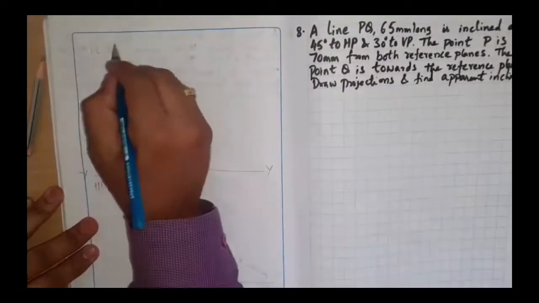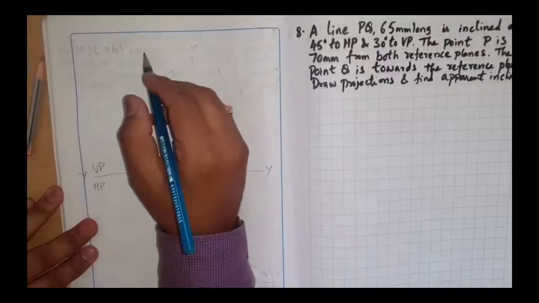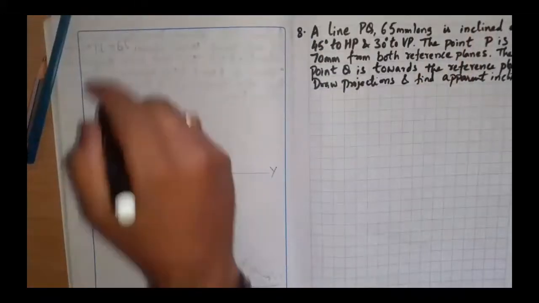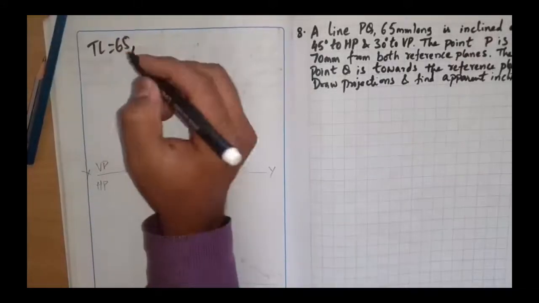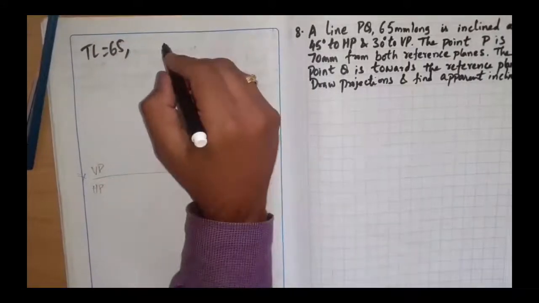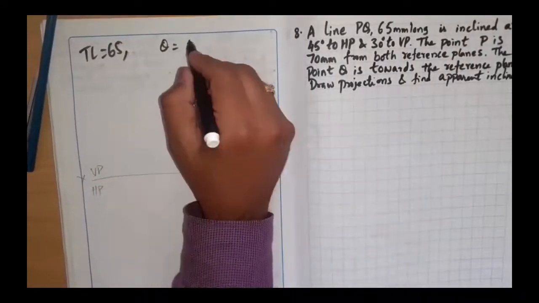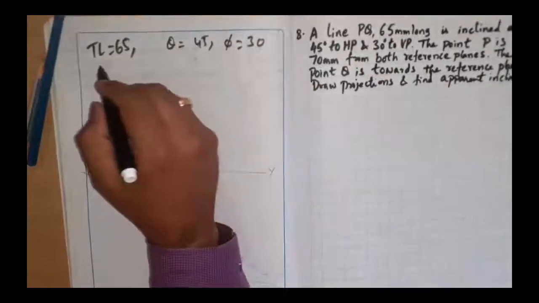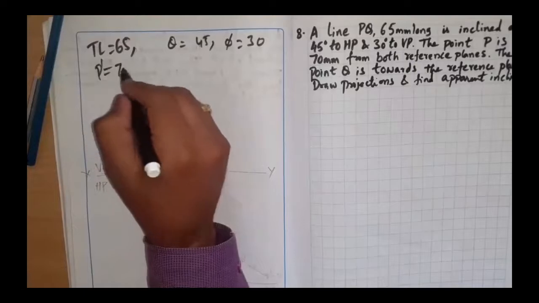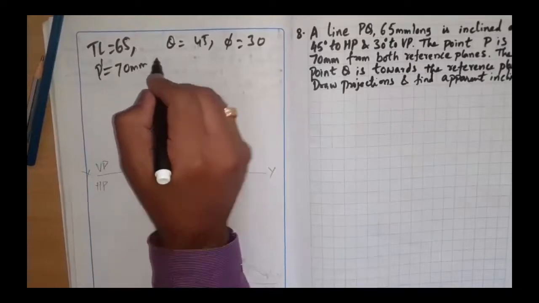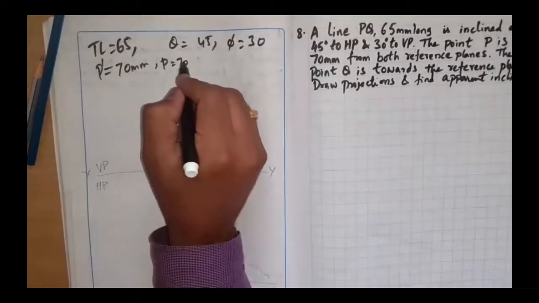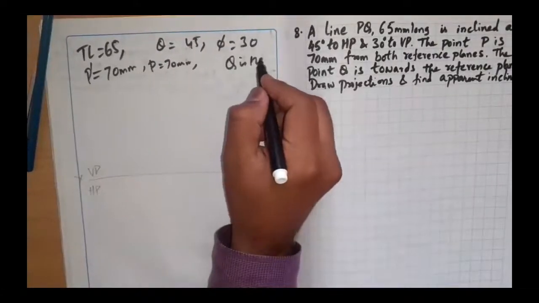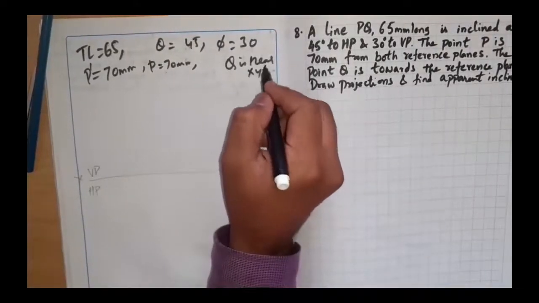True length is 65, theta is 45, phi is 30 degrees, and P dash is 70 mm, and P is 70 mm from the XY line, and Q is near the XY line.